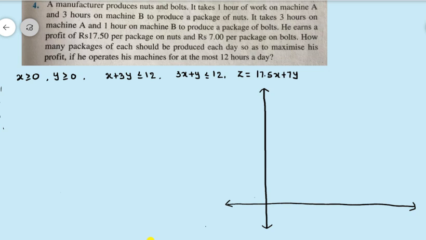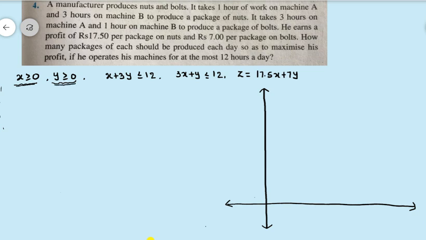So read the given problem effectively and get clarity about the information. That clarity we made into a mathematical formulation. In that formulation we got x greater than or equal to 0, y greater than or equal to 0.